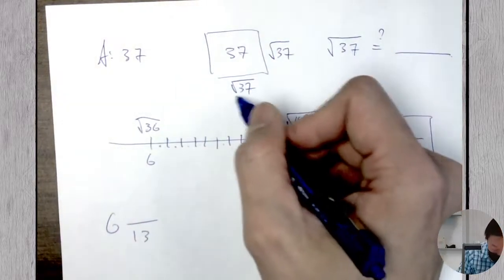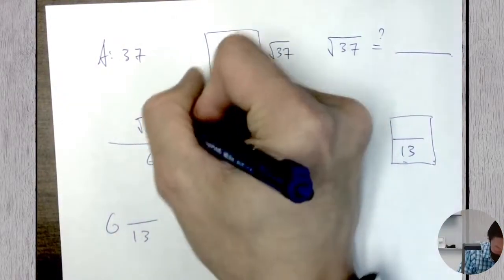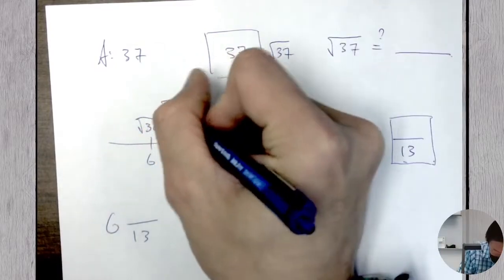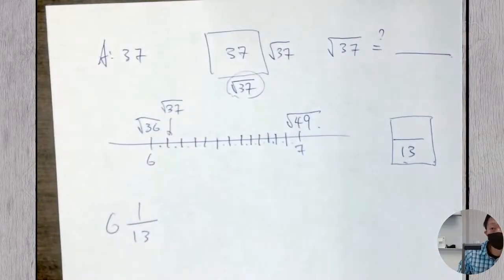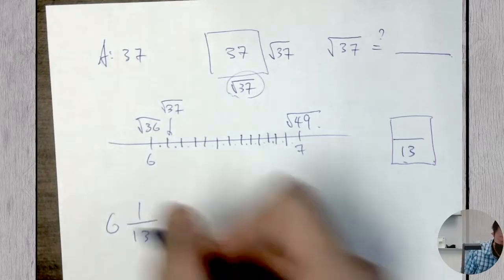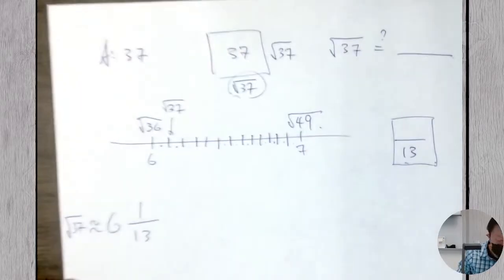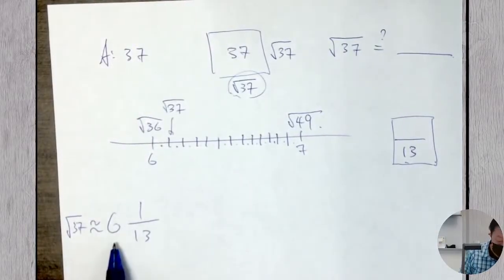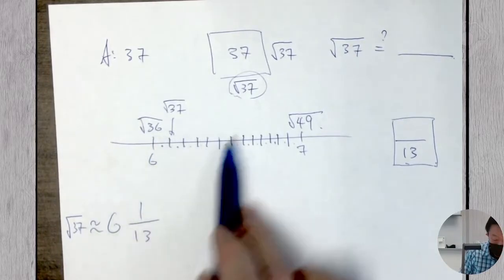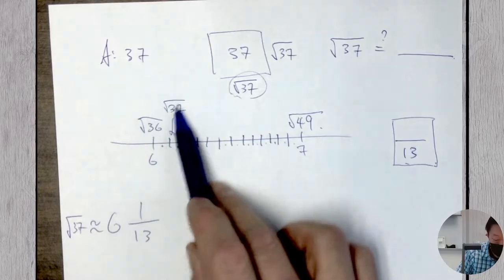Square root 37 falls here, so 1 step out of 13 steps. So I can estimate square root 37 to be approximately equal to 6 and 1/13, 13 being how many steps in total, and 1 being how many steps we've taken.